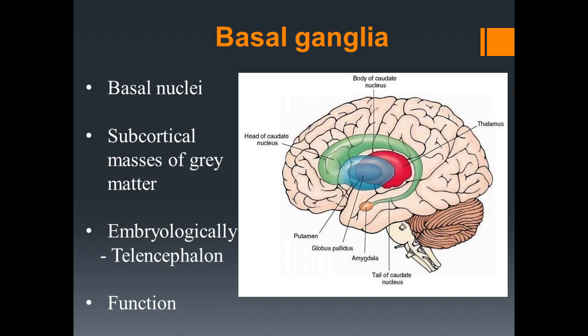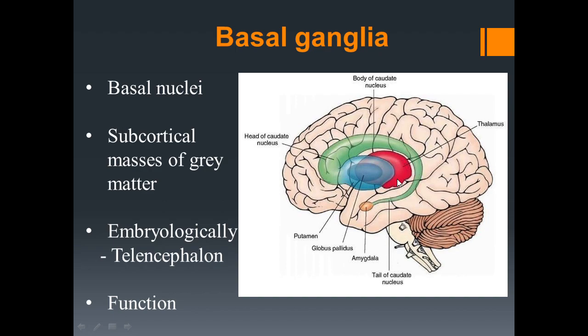You have heard about the thalamus and hypothalamus. The thalamus is also a mass of grey matter. Similarly, the basal ganglia are masses of grey matter situated in the white core of the cerebral hemisphere, and they are located lateral to the thalamus.